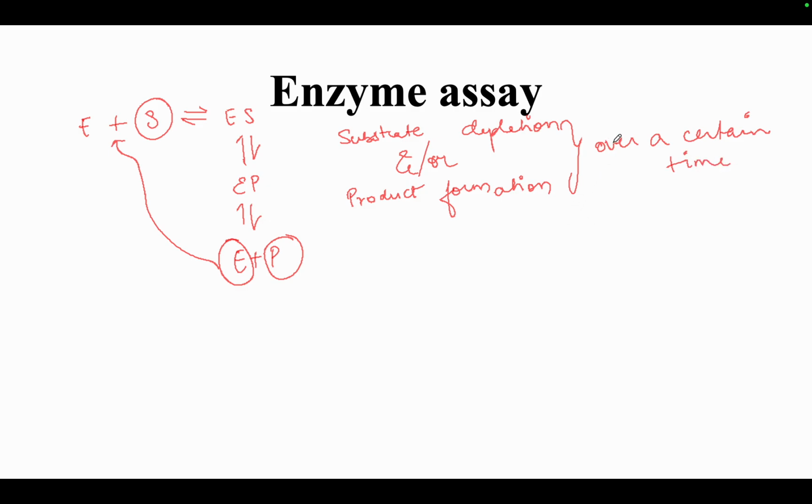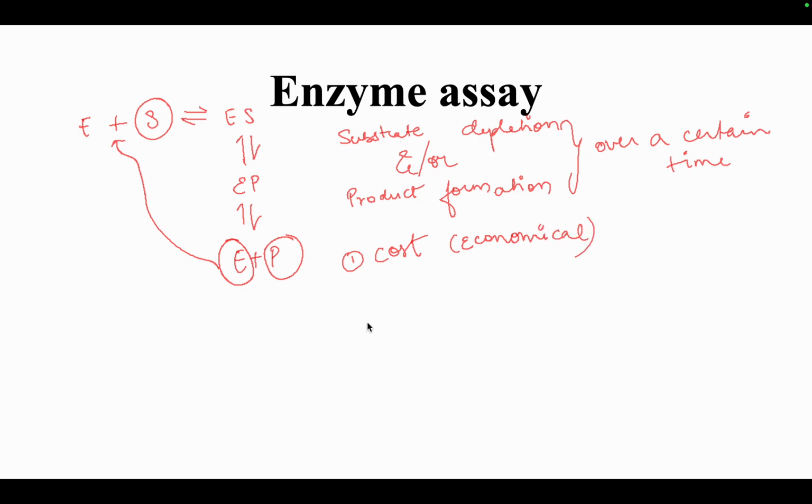Then, in order to plan an enzyme assay, we need to consider a few things. First is the cost of the enzyme assay. The cost shouldn't be high, it should be economical. Any assay we are planning should be economical.